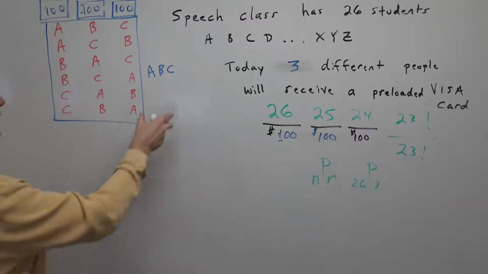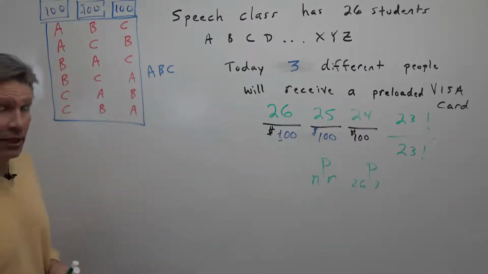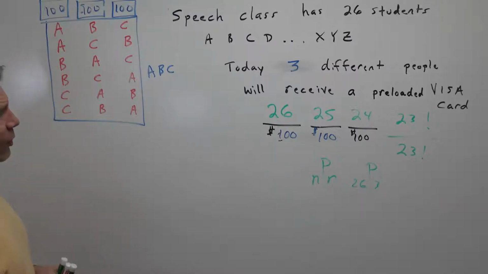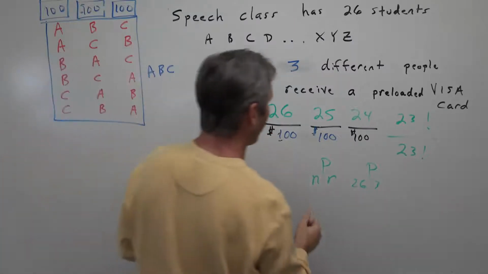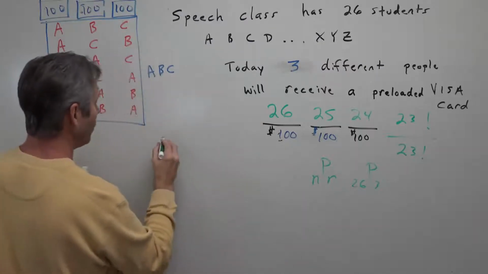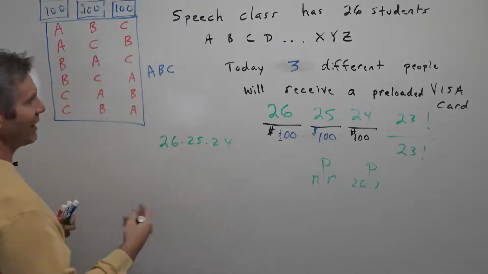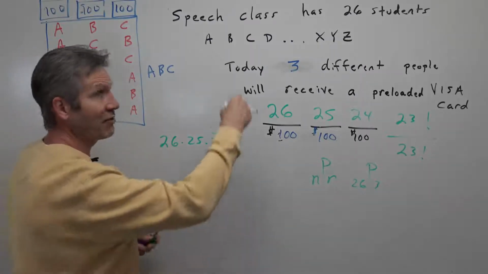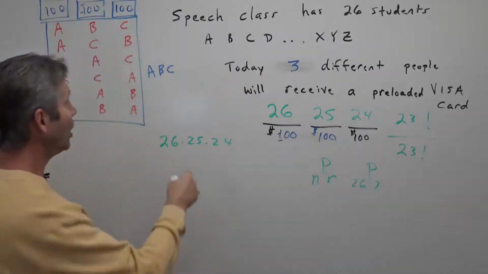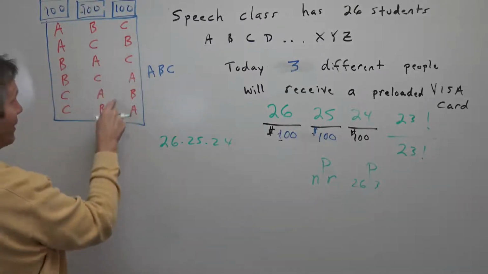It just matters that if these are the 3 people selected, they're each going to get a $100 Visa card. So what happens is we go back over here, and when we calculated the permutation, we had 26 times 25 times 24. That's how many arrangements could get the $500, $250, and the $100. Among those many arrangements are these 6.